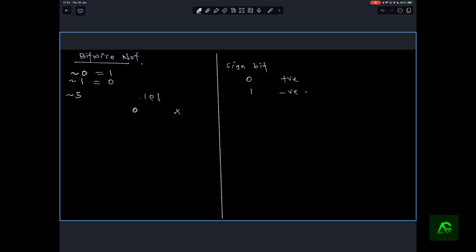So we have 0, 1, 0. This is what we have, but this one is the sign bit, right? So where is this 0 coming from? Here it should be 0, which means it is positive according to the sign bit. So this value we have here is wrong, because if we convert it to base 10, it's going to give us 2.